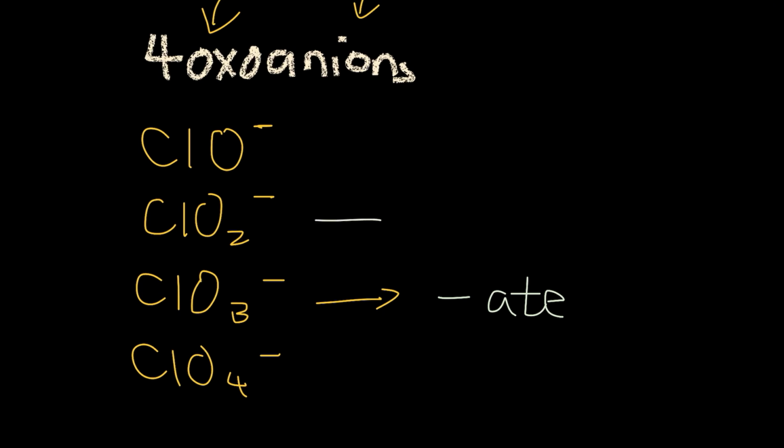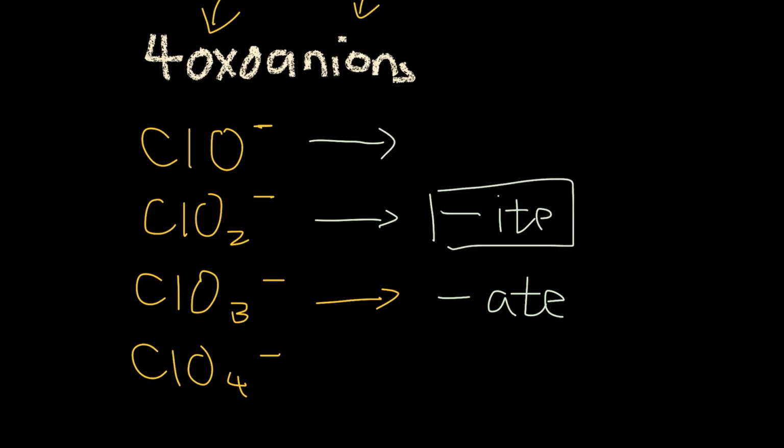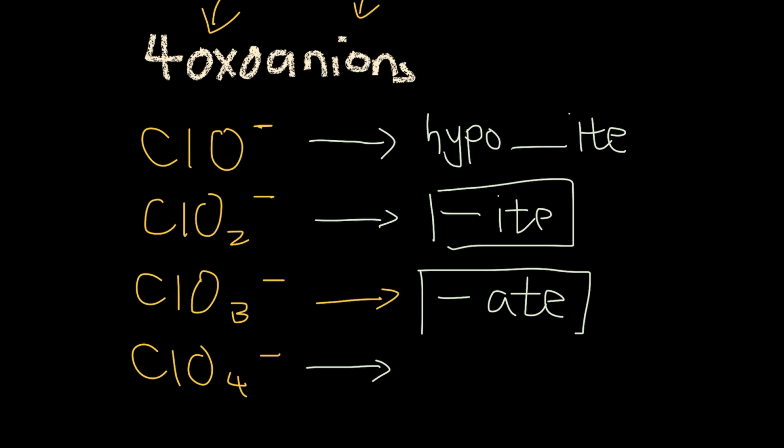When you have 2 oxygens, it will end with ite, so chlorite. Then for 1 oxygen, we base it off of ite, but we add a little something in front of it. We call it hypo-something-ite. So hypochlorite. Now for 4 oxygens, we base it off of ate, but we add a little something in front of it, and it becomes per-something-ate. In this case, perchlorate.